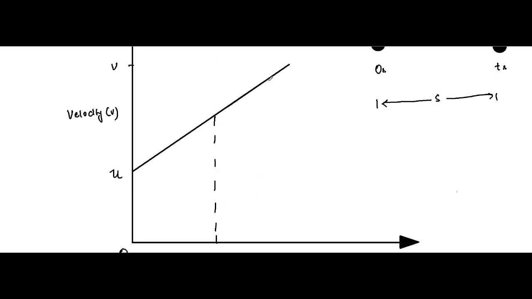Let's say this is any time period n-1, and now I have to take 1 second forward, and this will be n. This is the nth second. The duration is 1 second, the gap is 1 second between them.